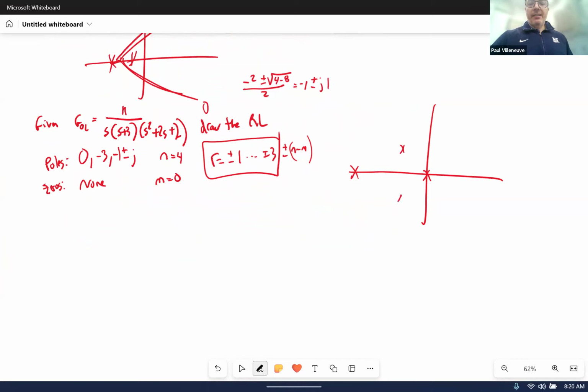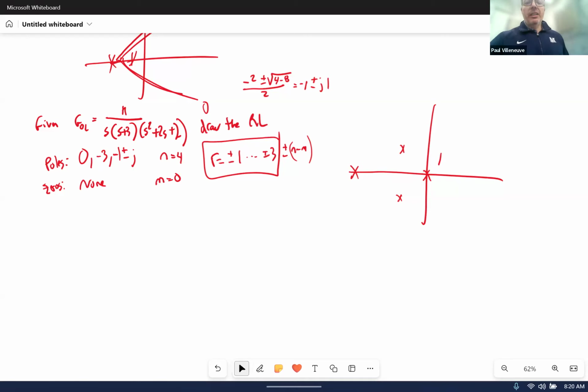Here's my X. And here's my X. Okay, that's the base root locus plot that I have. At this point, one additional step is to draw all the real axis root loci.